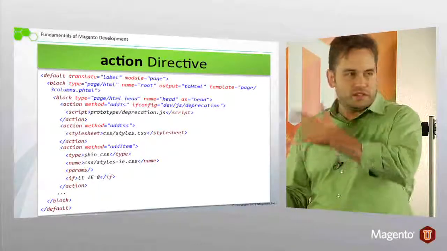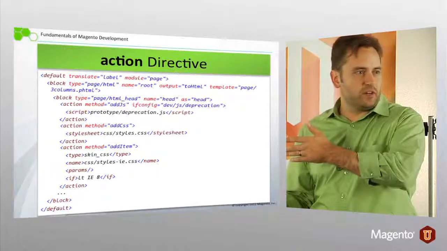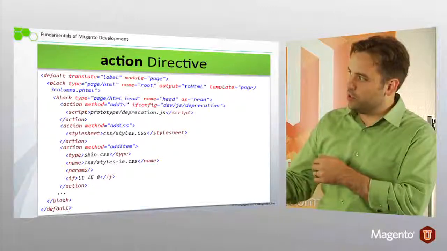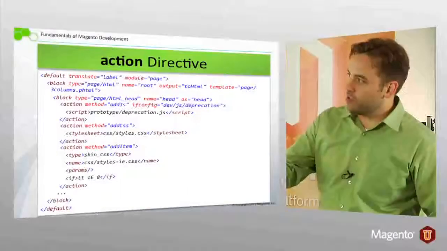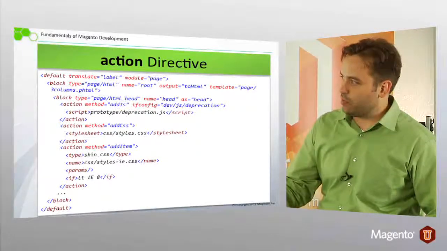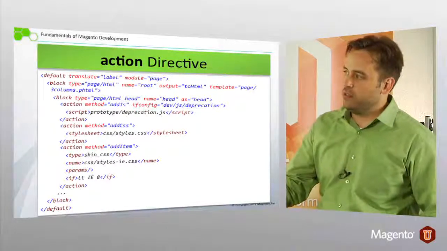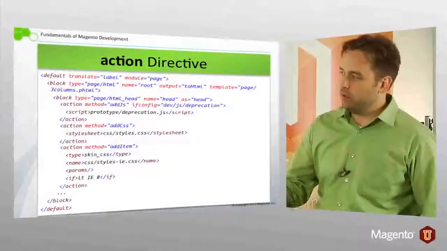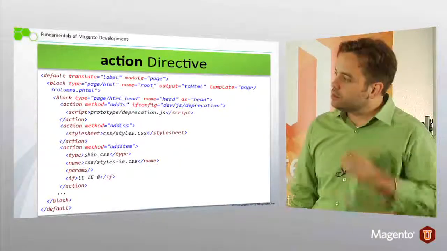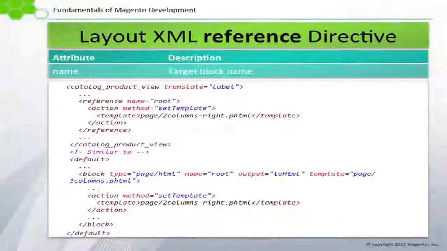So is that kind of clear, this syntax of actions and using these nodes to pass in? Where it says script and style sheet, type, name, params, all of these nodes, because they're directly under action, are arbitrary. They're well named here. All right, the reference directive, we used that a little bit earlier.